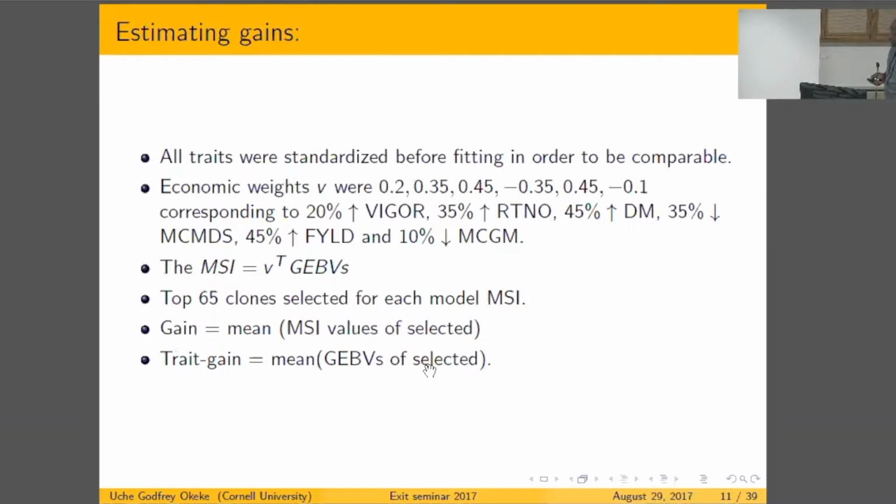The index was calculated as the matrix multiplication of the economic weights with the GEBVs from each model. We selected the top 65 clones from each multi-trait index. We estimated gain as the mean of the index values of those selected, and the trait gains as the mean of the GEBVs of the selected individuals.